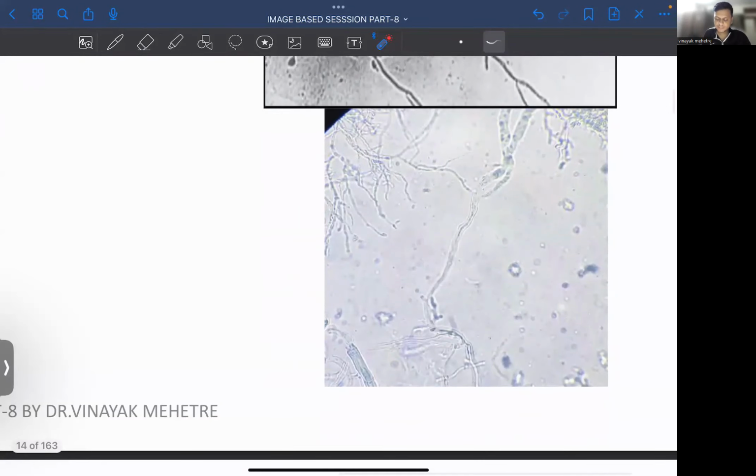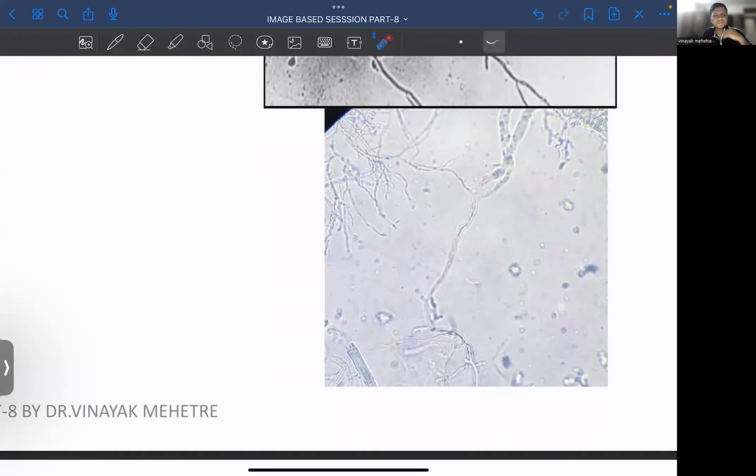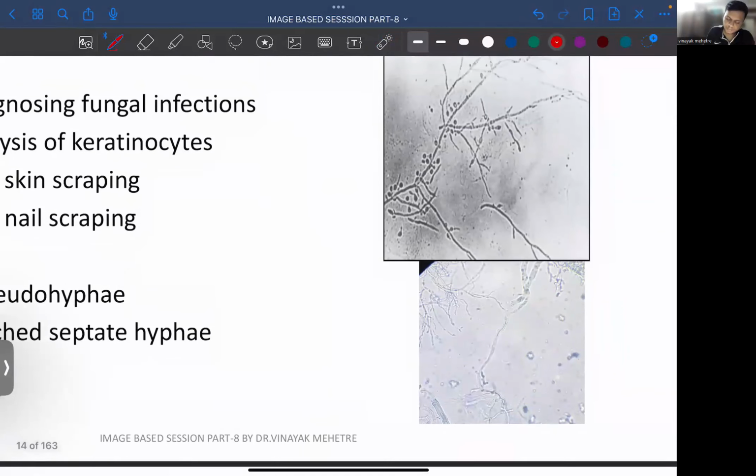And take a look over here. This is called as continuous branching, right? Continuity है उनमें दिख रहा है, right? So first one is pseudo hyphae. The second one is hyphae.